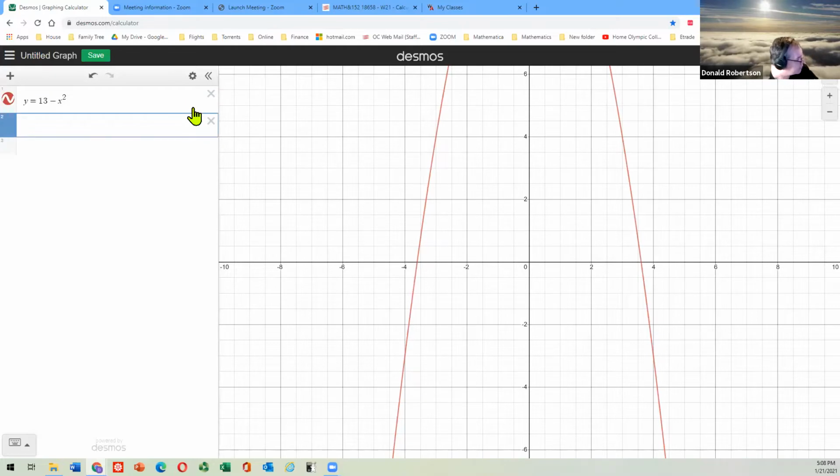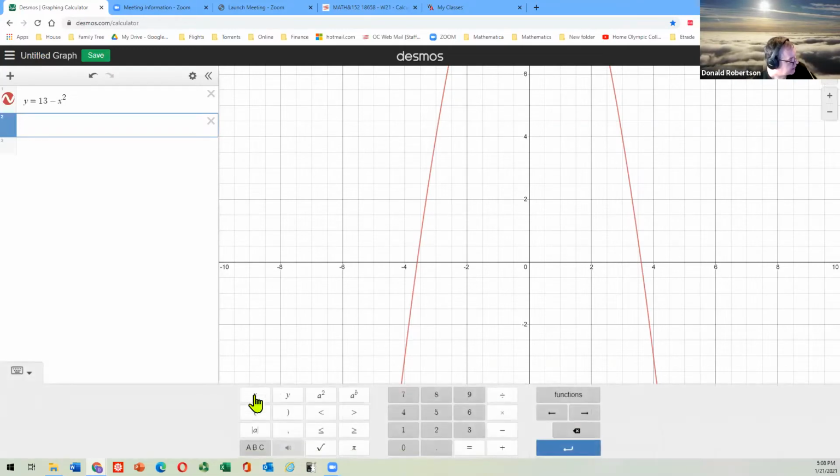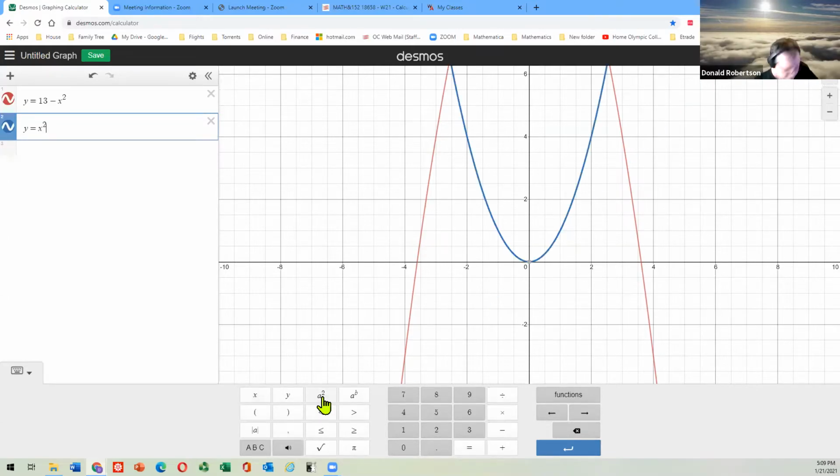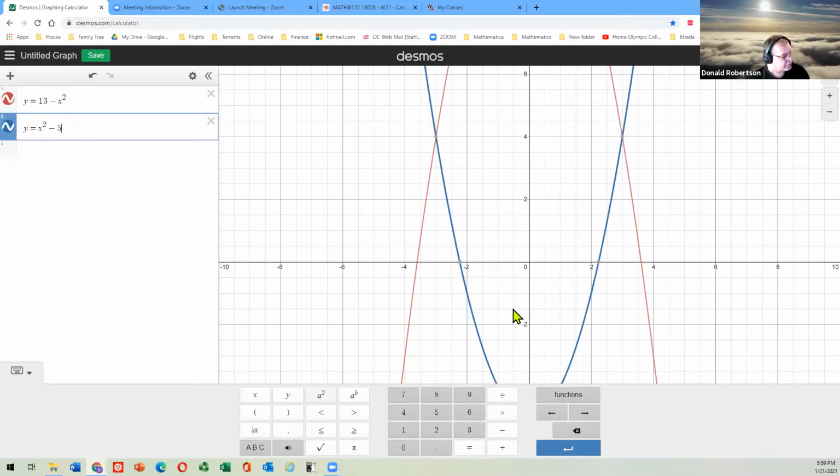And then the second one is going to be x squared minus 5. There's a little thing down here that looks like a keyboard. If you click on it, you get x, or y. In this case, I want y equals. So you could do y equals x squared, and then subtract 5. That's just a different way of doing it.